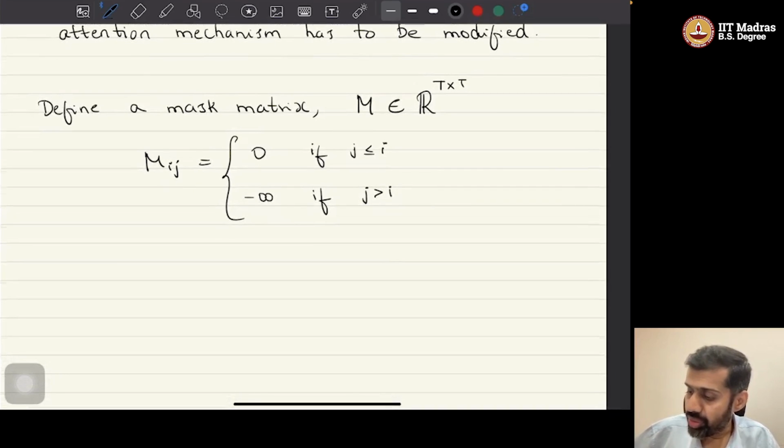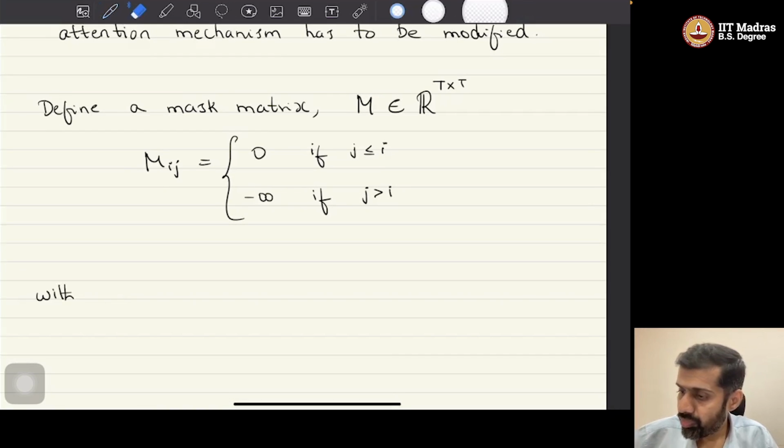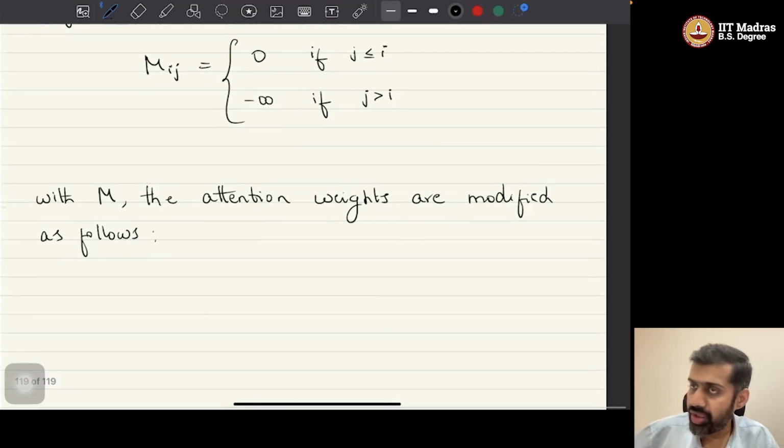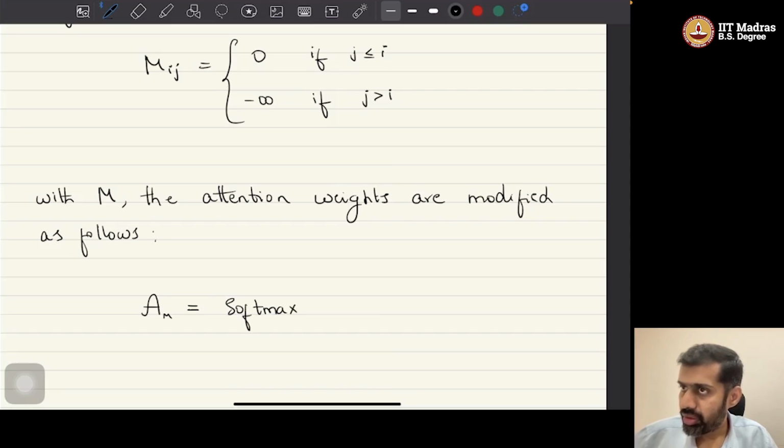Now what you do is modify the attention weights as follows. With M, the attention weights are modified: define A with the masked attention as softmax of, remember it was previously QK transpose divided by root of dk.